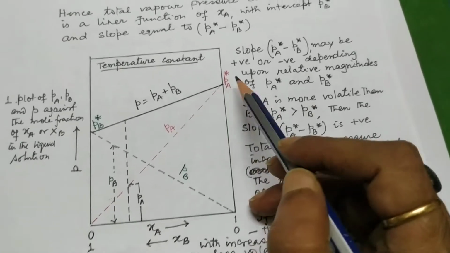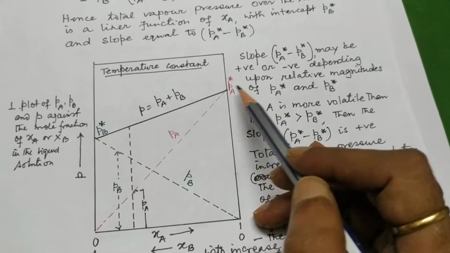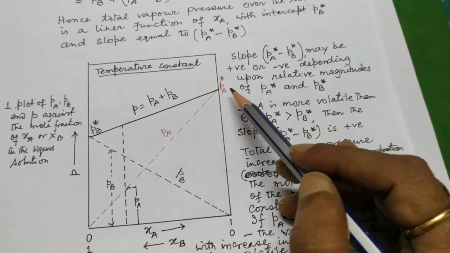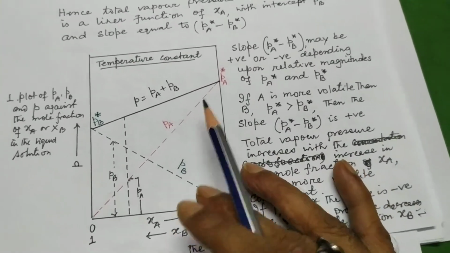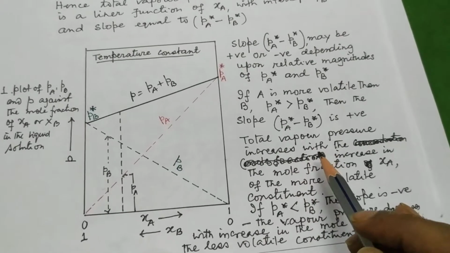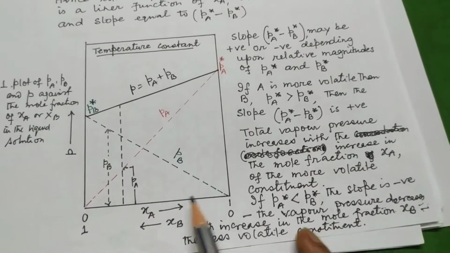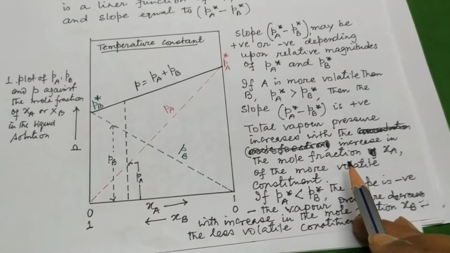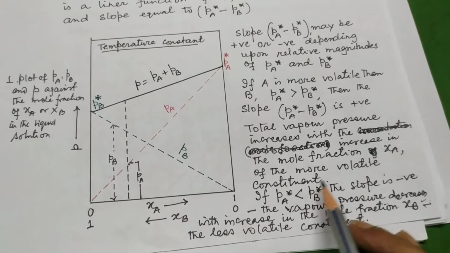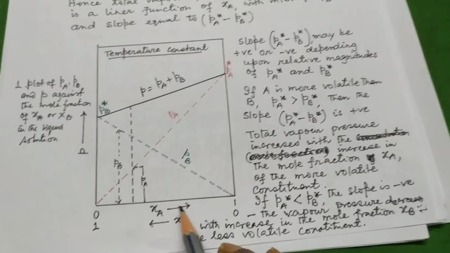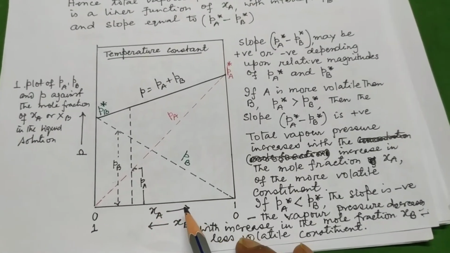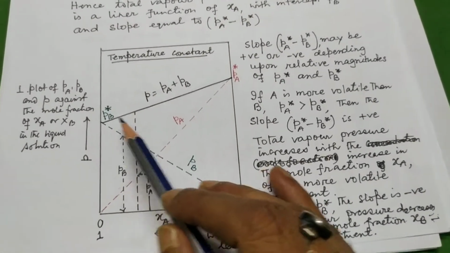So here, since A is more volatile than B, PA star is greater than PB star, so the slope is positive. Now the total vapor pressure increases with the increase in the mole fraction XA of the more volatile constituent.